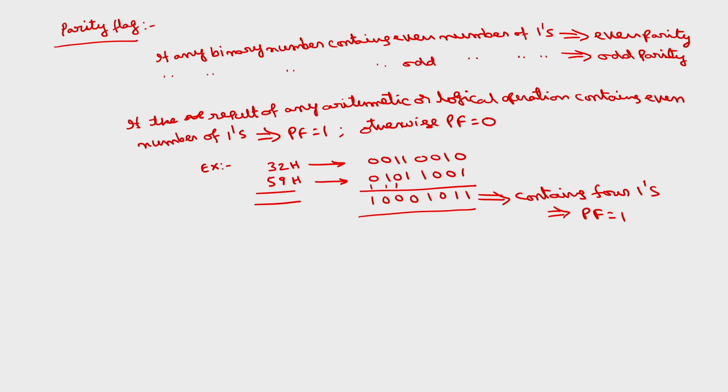Then, coming to the third conditional flag, which is the auxiliary carry flag. One is the simple carry flag, and this one is the auxiliary carry flag. Normally, this auxiliary carry flag is used in BCD arithmetic, that is, BCD addition and subtraction.